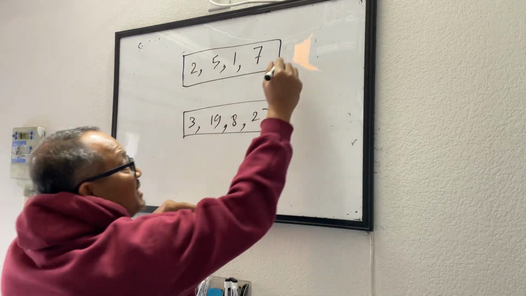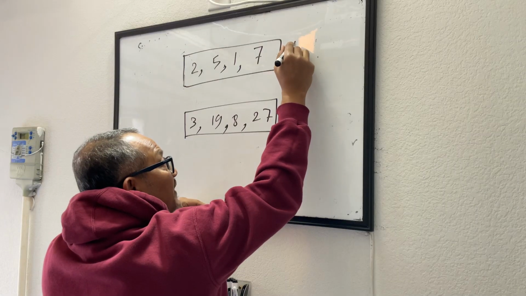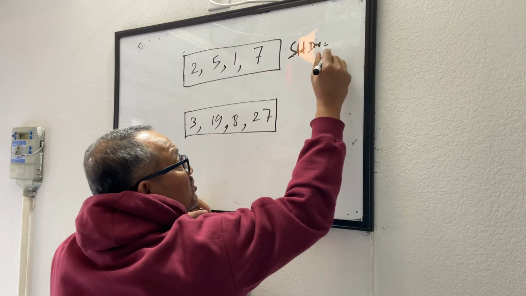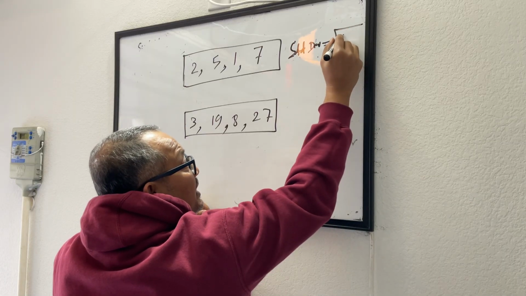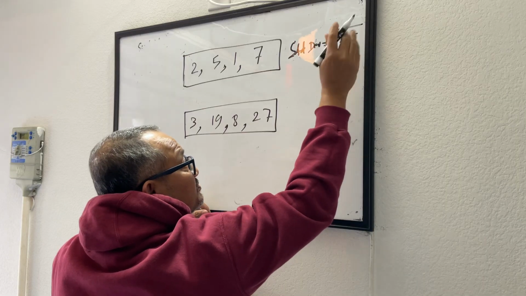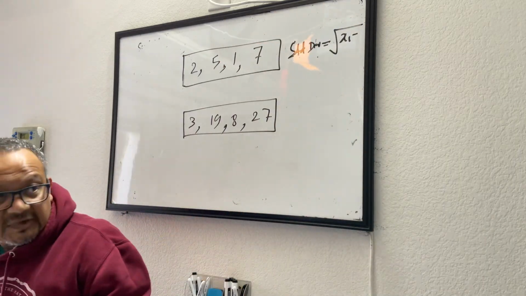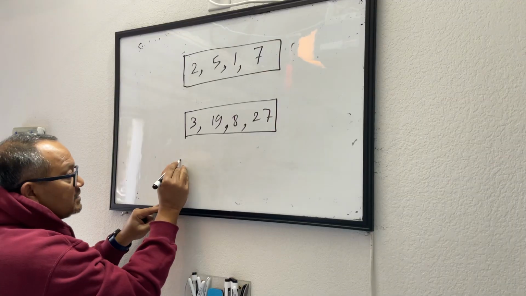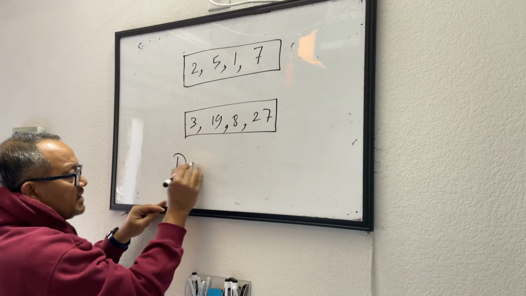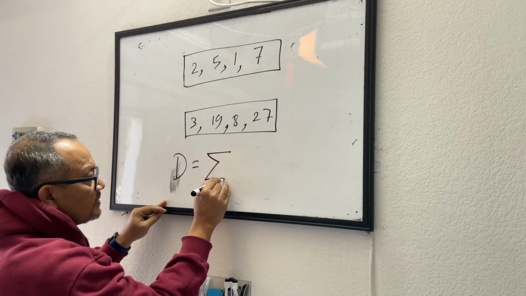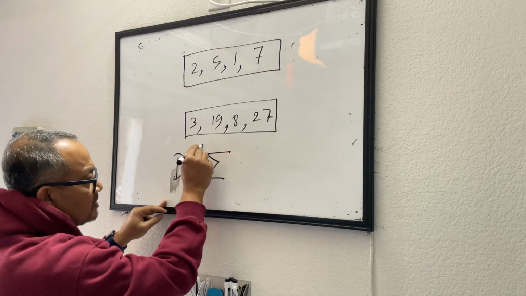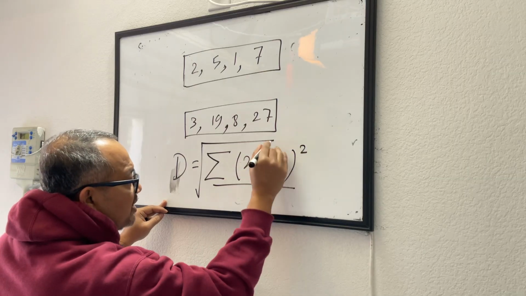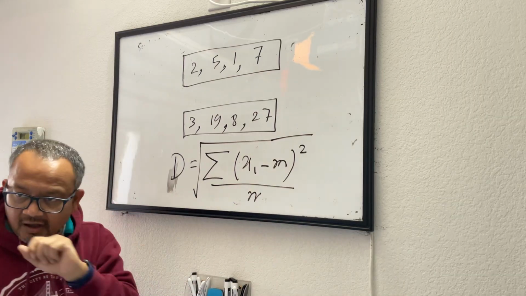So the method to that is, let's say I call it standard deviation D, is equal to the square root of the sum of x1 minus mean, squared, divided by n.